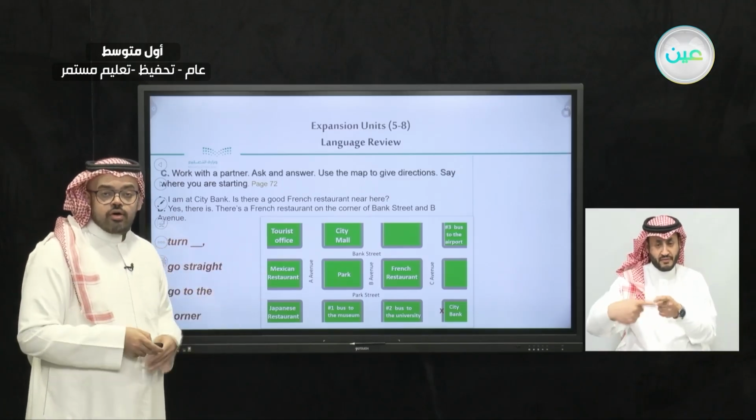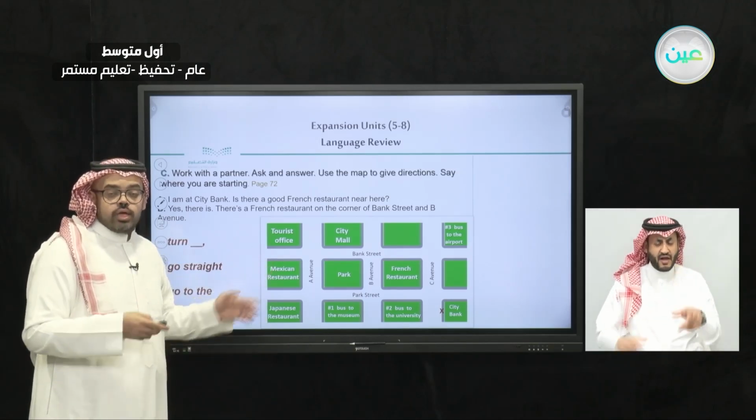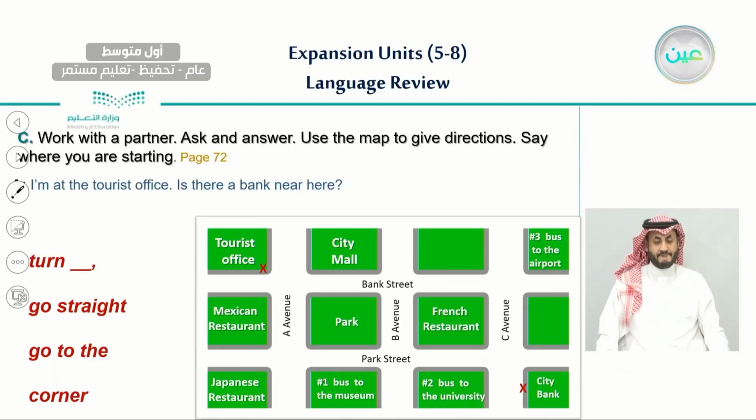Let's try an example here and see how we can give directions. So here, "I am at the tourist office. Is there a bank near here?" Here is the place where the man is speaking. "Is there a bank near here?" And we want to guide him to the bank that is here.